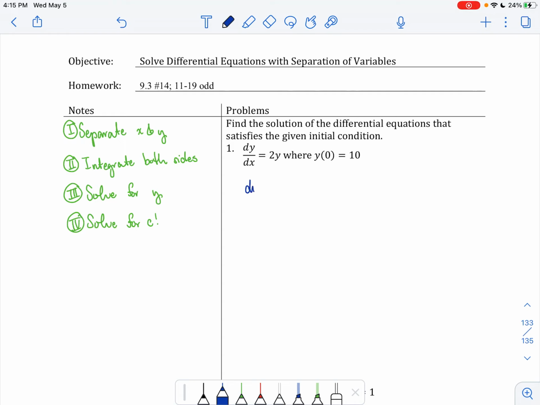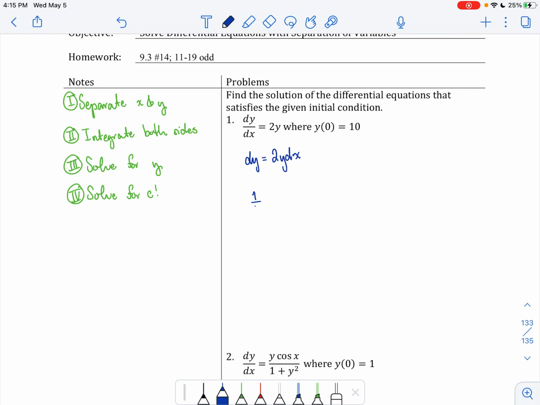So what I'm going to do is multiply by dx, similar to what I did for the first problem, and then divide over the y so that we have 1 over y dy is equal to 2 dx. Even though we don't have an x term, we want to still separate our variables because this doesn't match here, so we need to use separation.